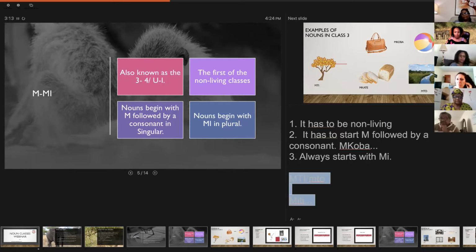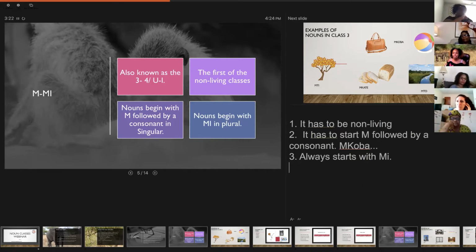Okay, so that is noun class 3, otherwise known as the M class, otherwise known as the U class. It has 3 names. Yes, Tabia. I have a question about the plural. It starts with MI, but would it still keep the same consonant right after the MI?